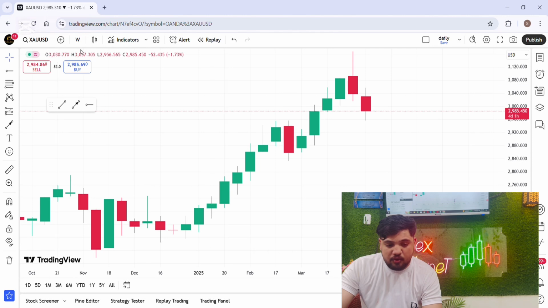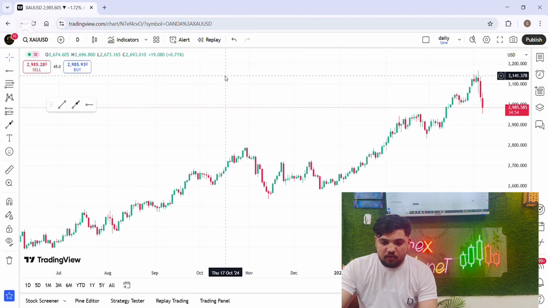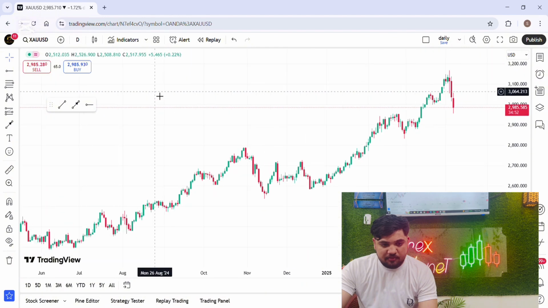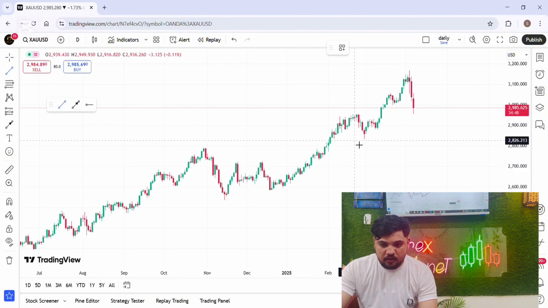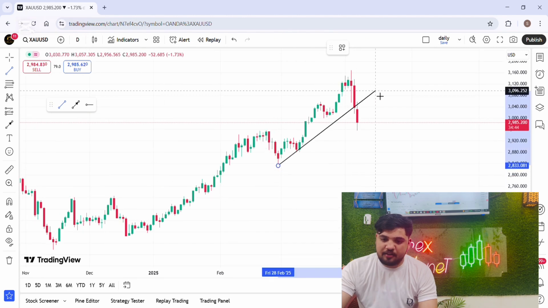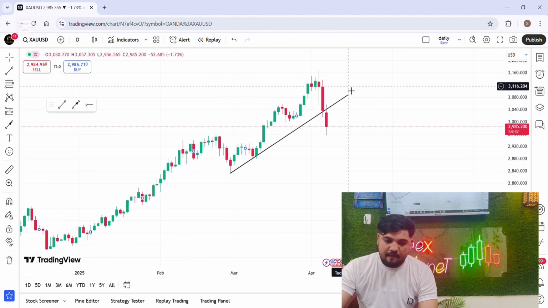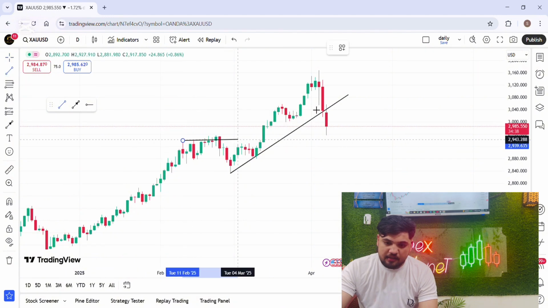Let's take a look at the daily structure. This is the daily structure, and if you are not mistaken, I told you about this trend line, and I had already formed a trend line like that.